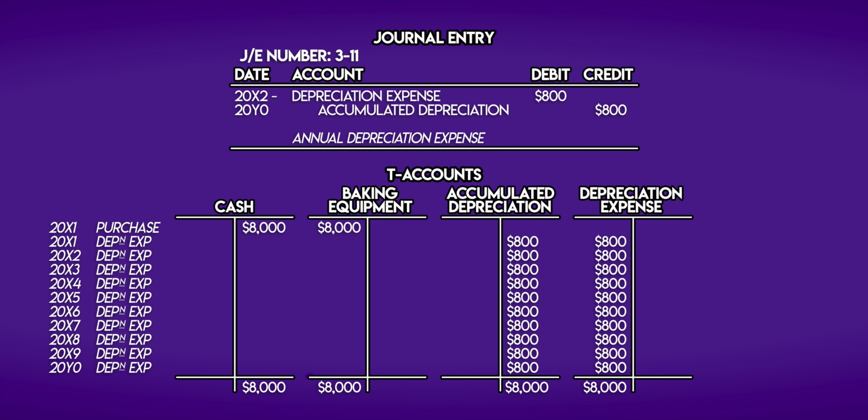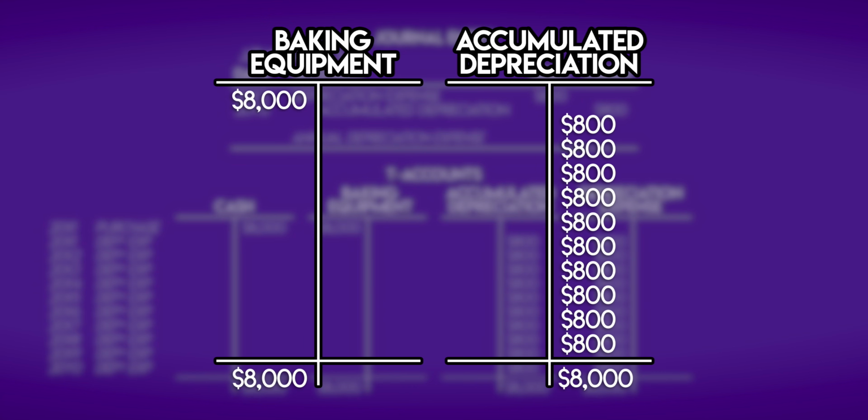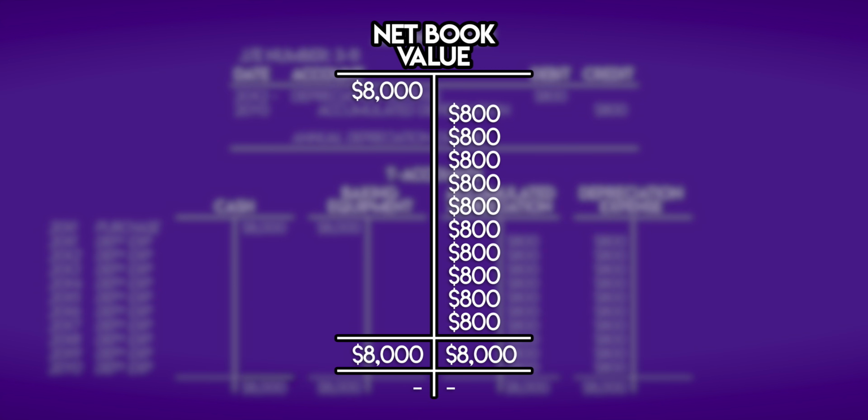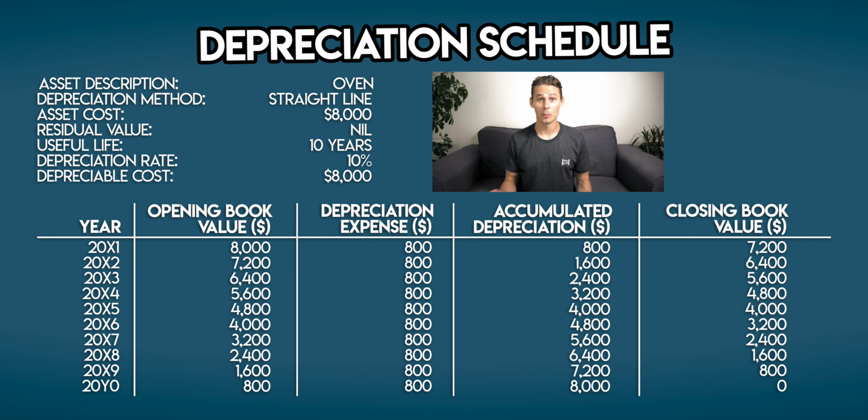After 10 long years, the entire cost of your oven has been written off to your income statement. So if we net together your baking equipment and accumulated depreciation accounts, we can see that the closing book value of your oven has decreased to 0, which agrees with your completed depreciation schedule.